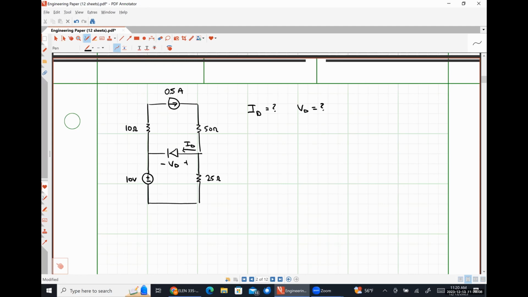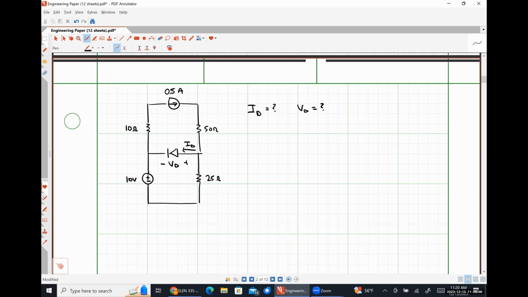By the way, just for argument, typically speaking, when we're solving for ID and VD combined, we call that solving for the quiescent operating point of our circuit. It might also be referred to as the Q point, and it's effectively just the stable DC operating point that the system is at. We're usually associating that terminology with diode circuits, particularly what the voltage across and the current through the diode is.